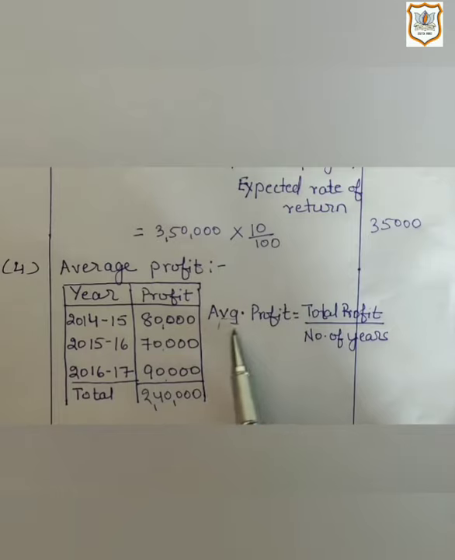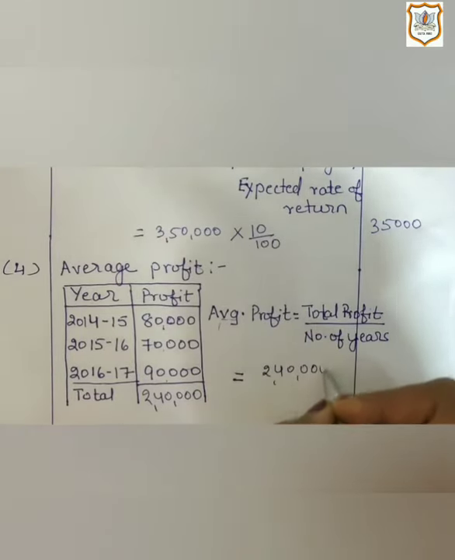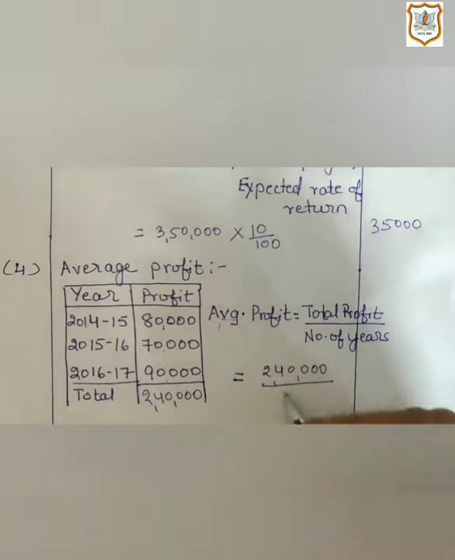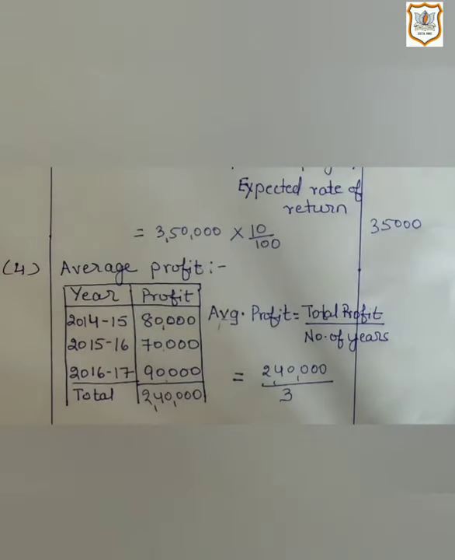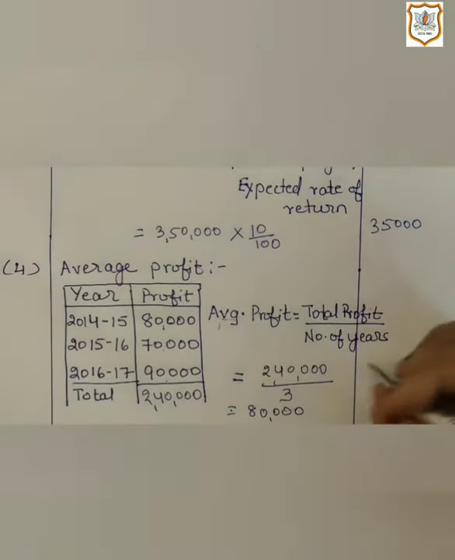Now we will apply the formula of average profit, which we learned in the previous video, that is total profit divided by number of years. Here total profit is 2,40,000 divided by number of years. Number of years we have 1, 2, 3. So we will get 80,000, which is average profit.